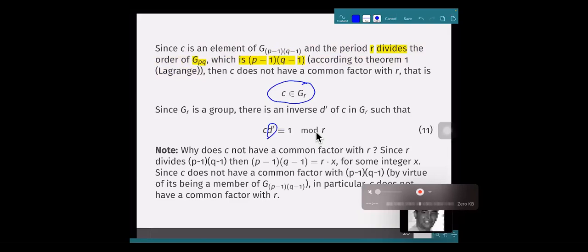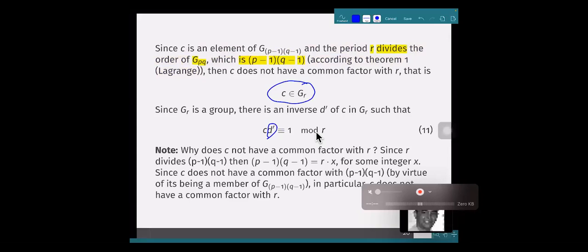Because R is the order of the subgroup, and by Lagrange's theorem, the order of any subgroup, which we call R, divides the order of the bigger group.